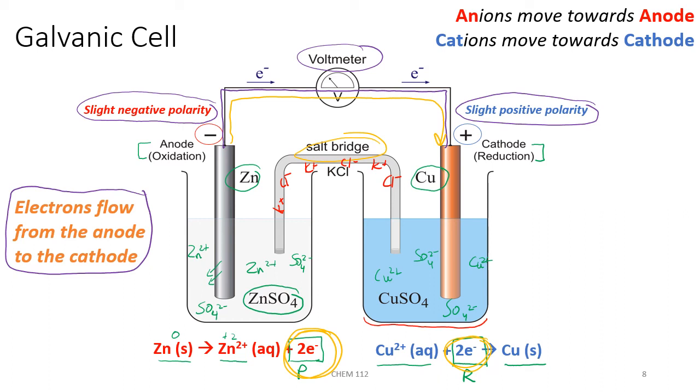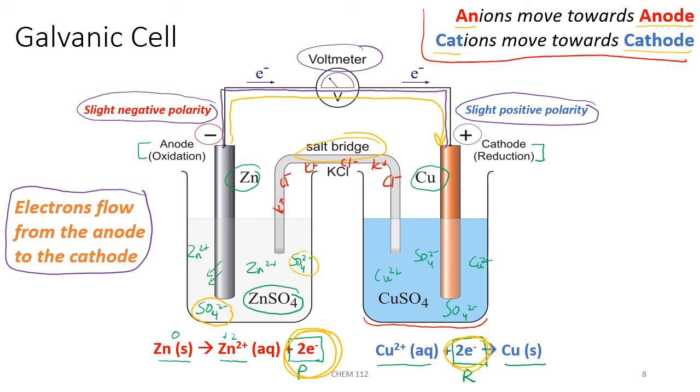So anions will always move towards the anode, and cations will always move towards the cathode. So anion, anode, cation, cathode. That makes that relatively easy to remember because those match. So how our ions are going to flow then is, for example, our sulfate is an anion, it has a negative charge.